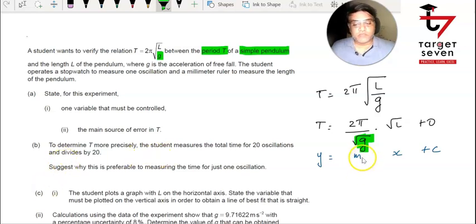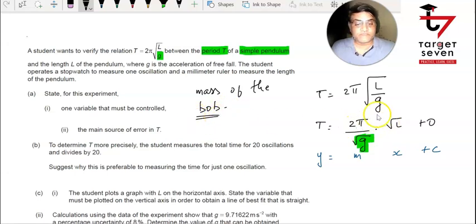Now, apart from having the value of g as a constant, the other set of values that you might want to keep constant are the mass of the bob that you are using.